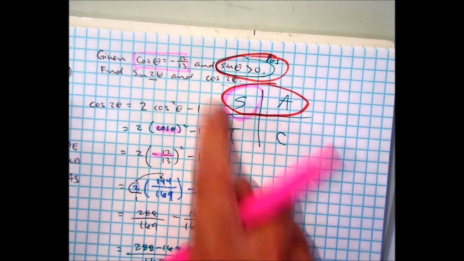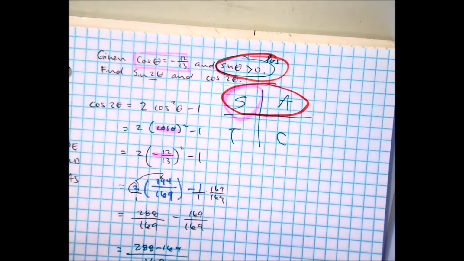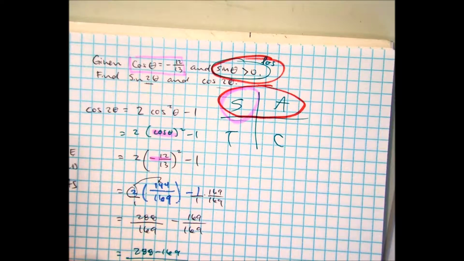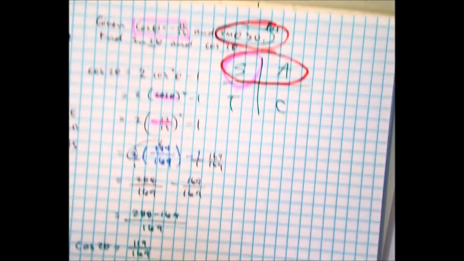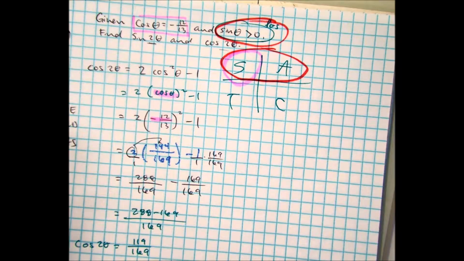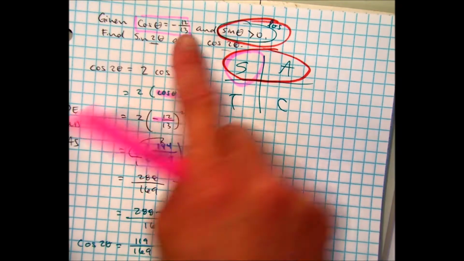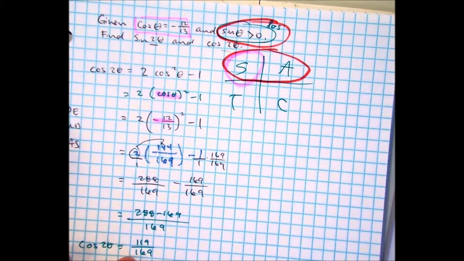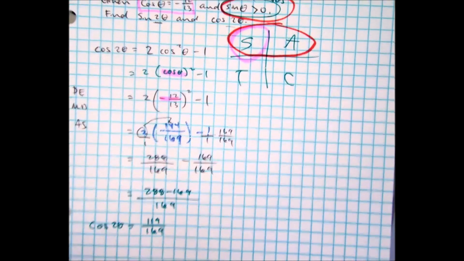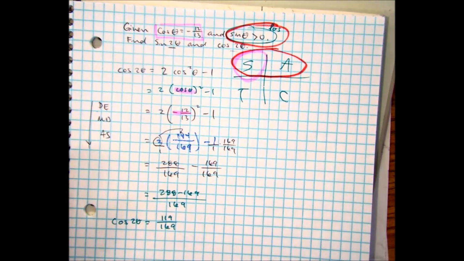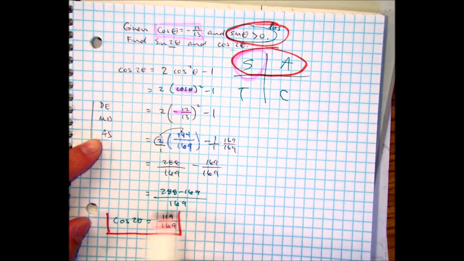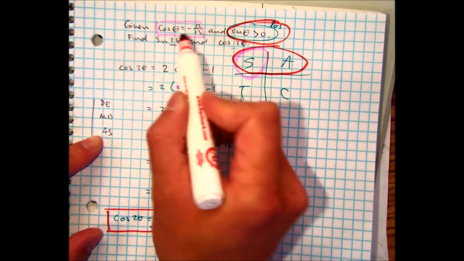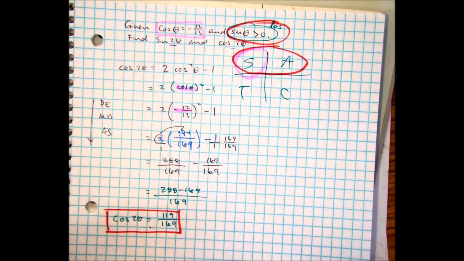So I have double colored red and pink, so we're in which quadrant? Cosine should be negative, which we already have from up here. Remember, this is the doubling of the angle, which we don't have. So our answer is going to be positive. Again, it's positive because you have a double angle. Here, we already knew that cosine was negative.